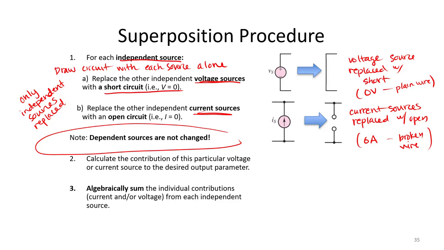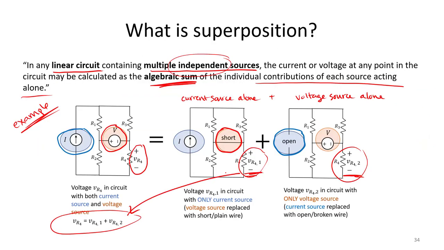Once you have turned off all the other sources you don't want, then you calculate the contribution of each voltage or current source alone to that desired output parameter. So we saw in this example here, we consider the current source alone, and we see how much voltage I get if only the current source is present. Similarly, I calculate how much voltage I get across the resistor with only the voltage source present.